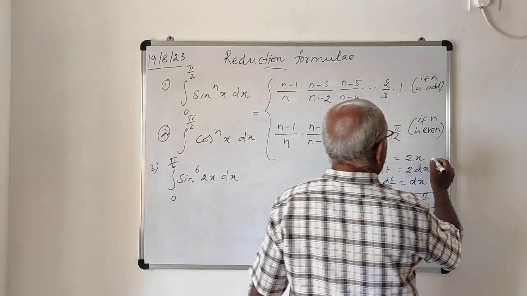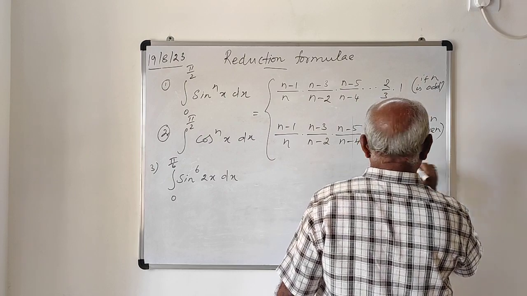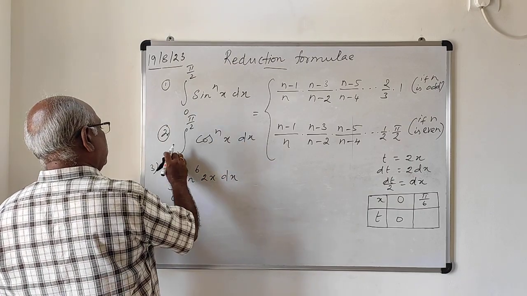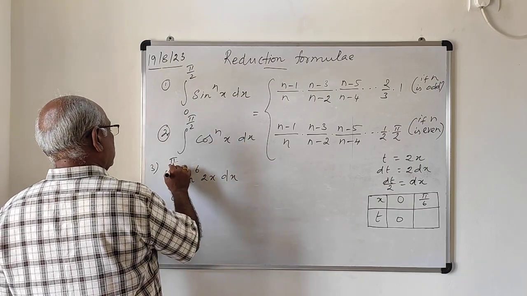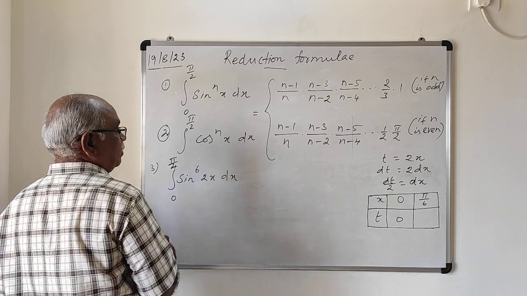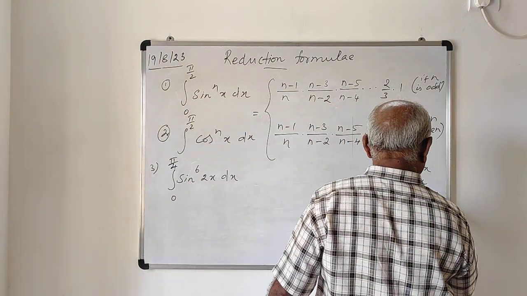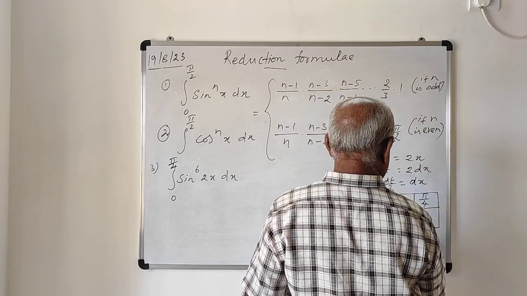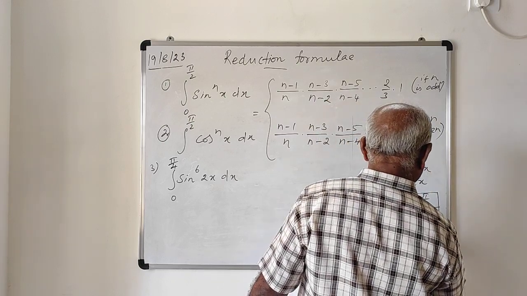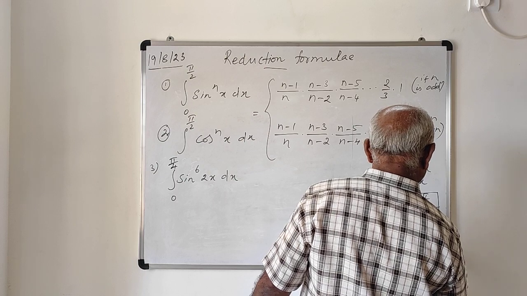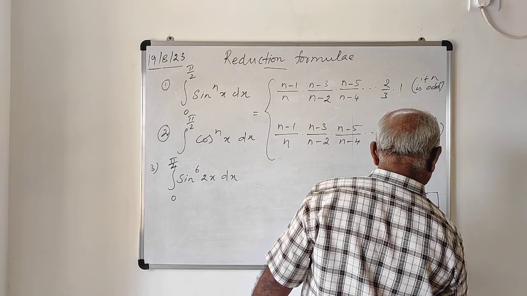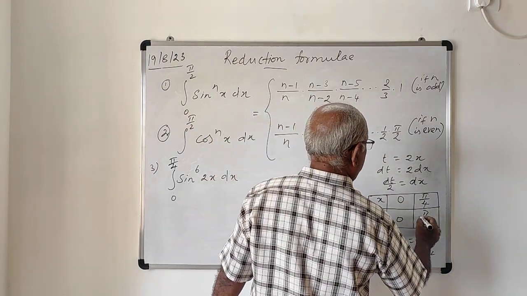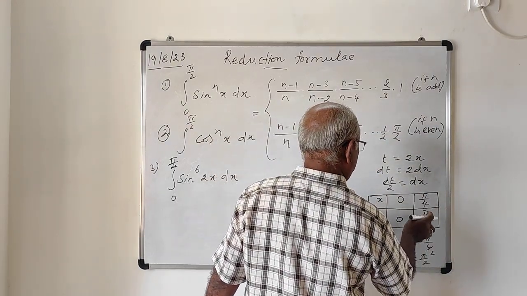If x is 5 pi by 4, t equal to 2 into 5 pi by 4, that is 5 pi by 2.